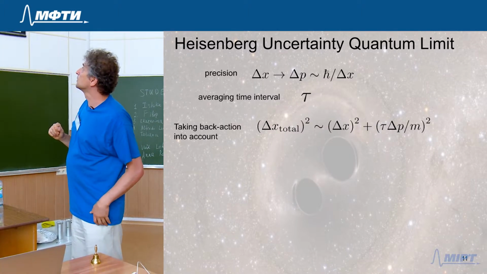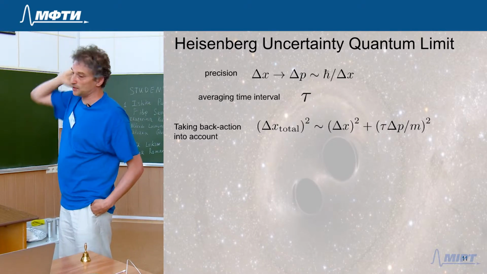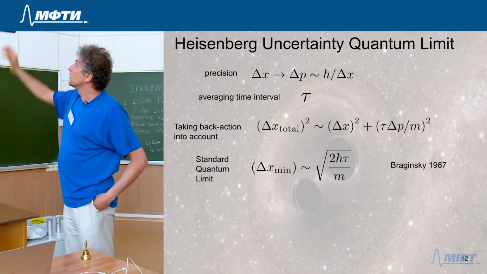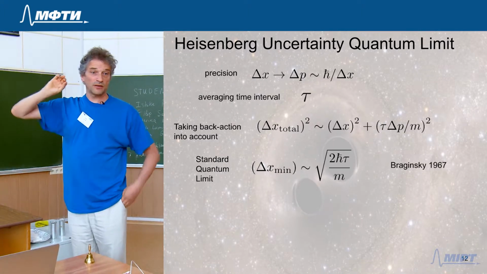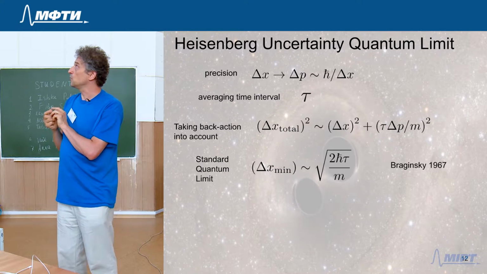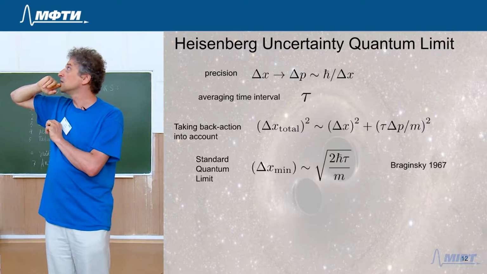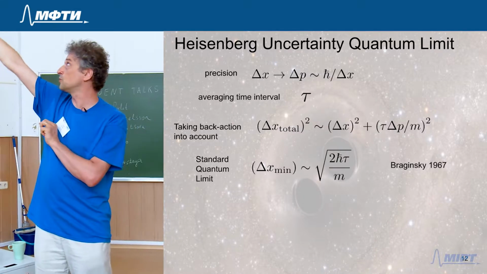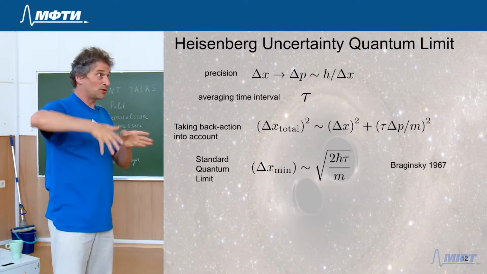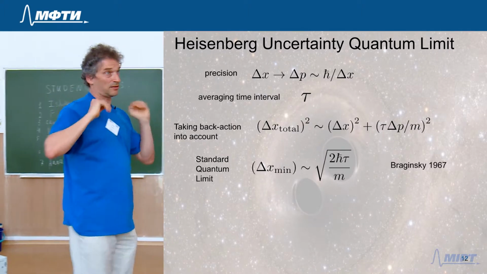One component is delta x squared, and then delta p is inversely proportional to delta x, okay? So you can optimize this expression by choosing the right sensitivity delta x. If you optimize, the best you can do for this quantum measurement is a very simple expression: square root of twice h bar tau divided by the mass. This is called the standard quantum limit for position measurement for free masses.